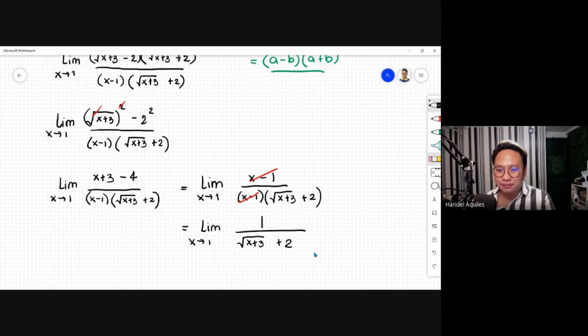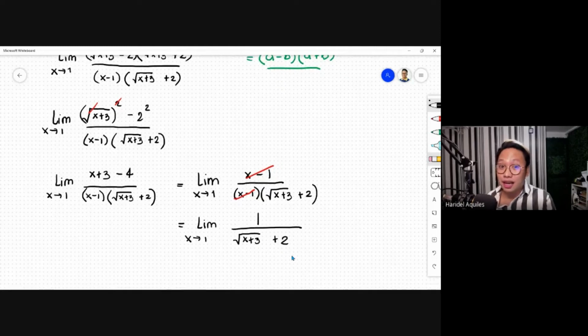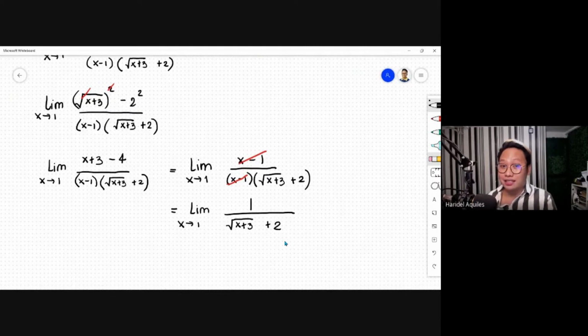Let's do it mentally. If x is equal to 1, that's going to be 1 plus 3, which is equal to 4. And what is the square root of 4? That's 2. And 2 plus 2 is 4. So it's not 0. In other words, it is safe for us to continue, substituting x equal to 1.